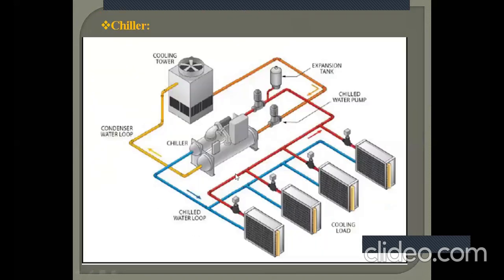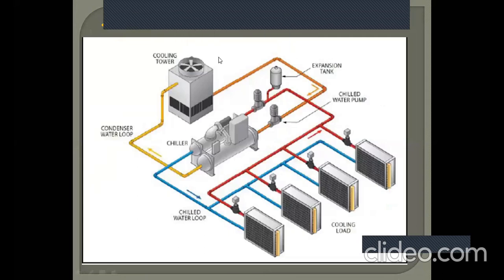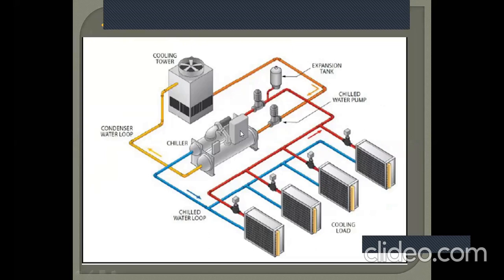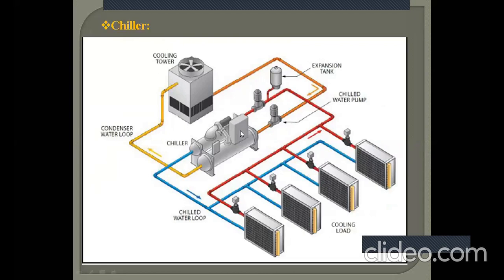A chiller is a mechanical device, a machine, which is used to remove heat with the help of the vapor compression cycle, or in some cases you may use the vapor absorption cycle also. So a chiller is a refrigerating machine, generally on a large scale. We are interested in the chiller which works on the vapor compression refrigeration cycle.